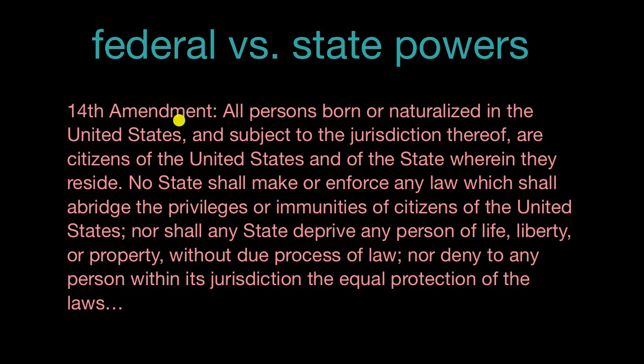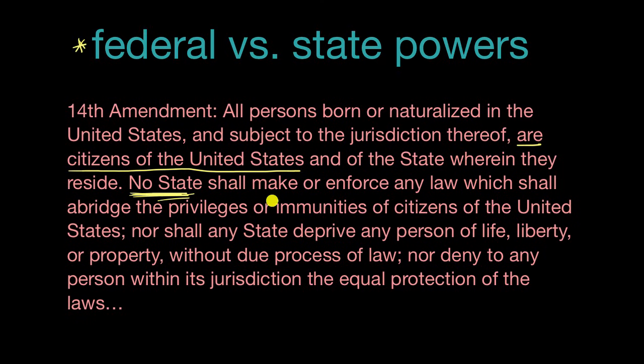But the 14th Amendment says, all persons born or naturalized in the United States and subject to the jurisdiction thereof are citizens of the United States and of the state wherein they reside. No state shall make or enforce any law. This is actually putting constraints on states. Even though this is in the context of the post-Civil War era, because it's putting constraints on states, this is one of the amendments that's often cited that puts more power in the hands of the federal government.